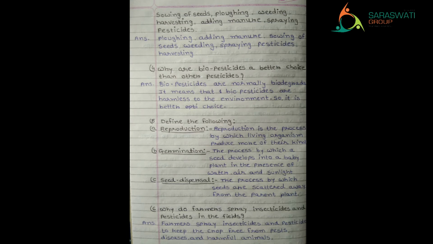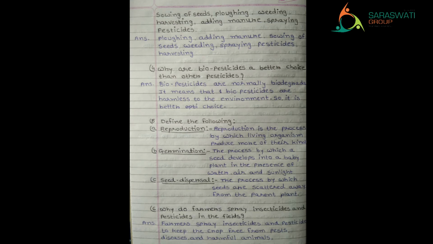The question is, why are biopesticides a better choice than other pesticides? Now kids, you know that biopesticides are considered to be natural pesticides. That means they do not cause any kind of damage to the soil, right? See the answer. Biopesticides are normally biodegradable.